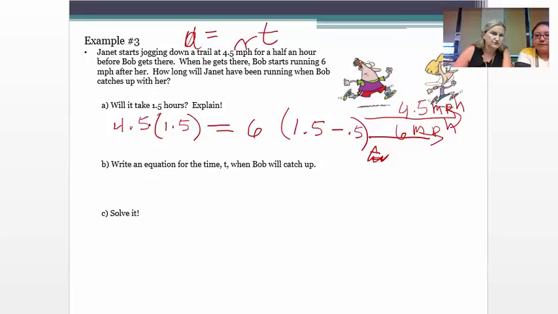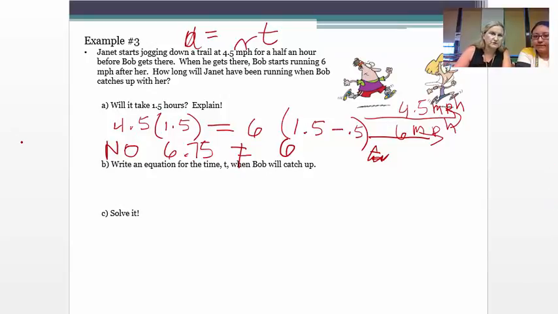So let's check that. 4.5 times 1.5, what do we get for that? We have 6.75. Is this equal to 6 times 1, which is 6? Okay, so no. But now we can look at this process again and try to write an equation.